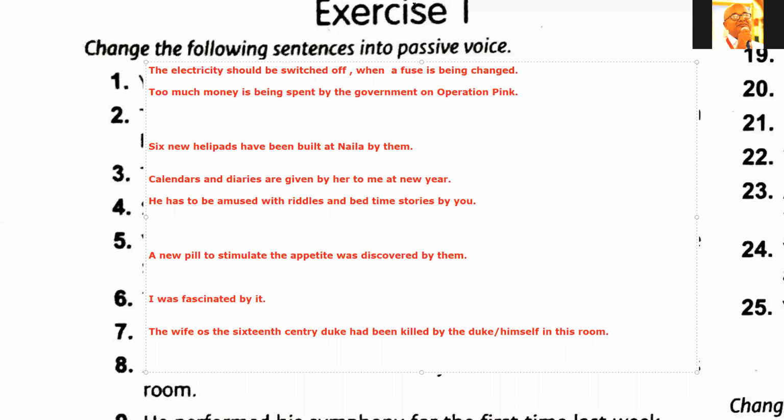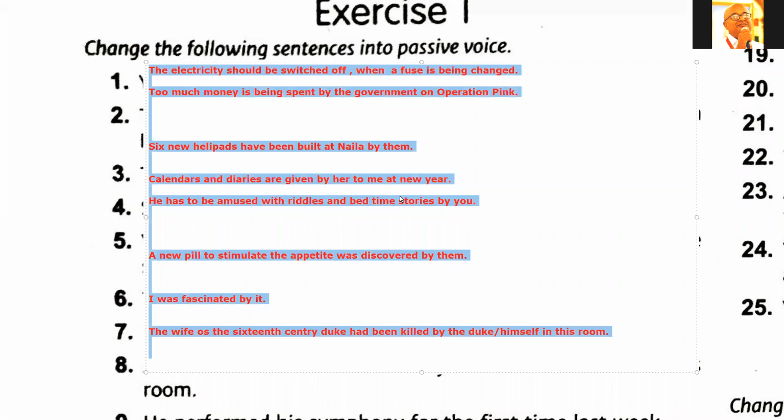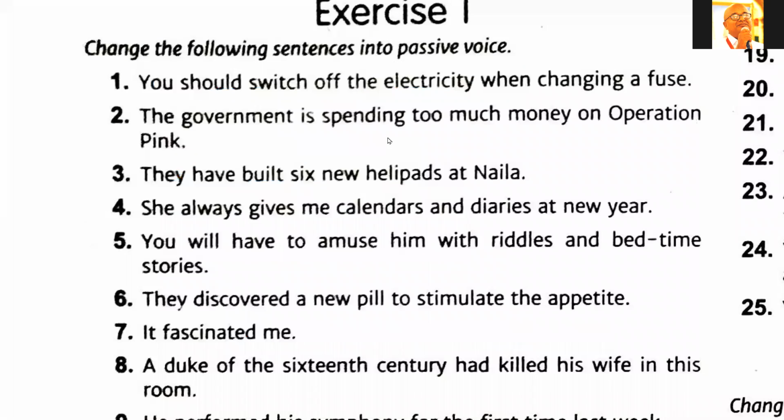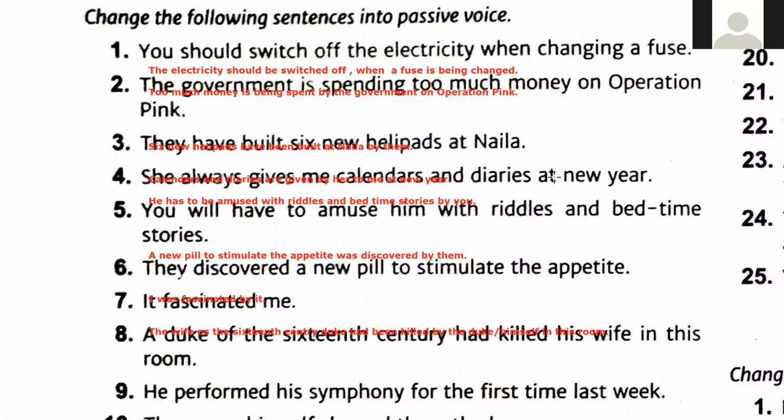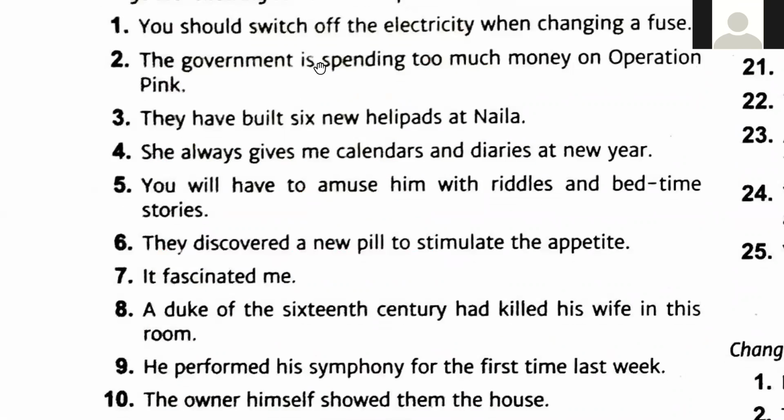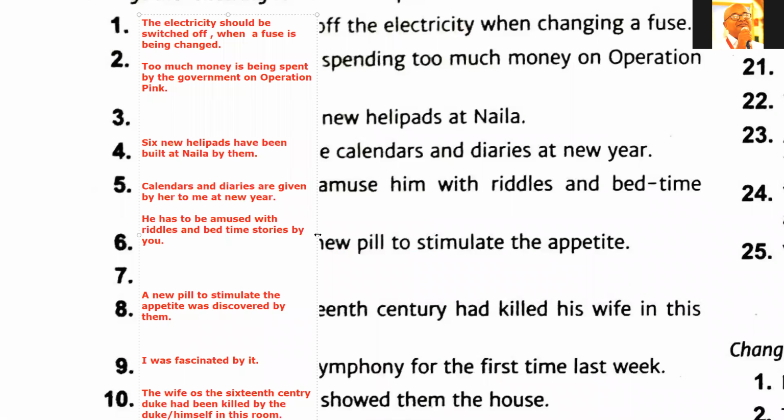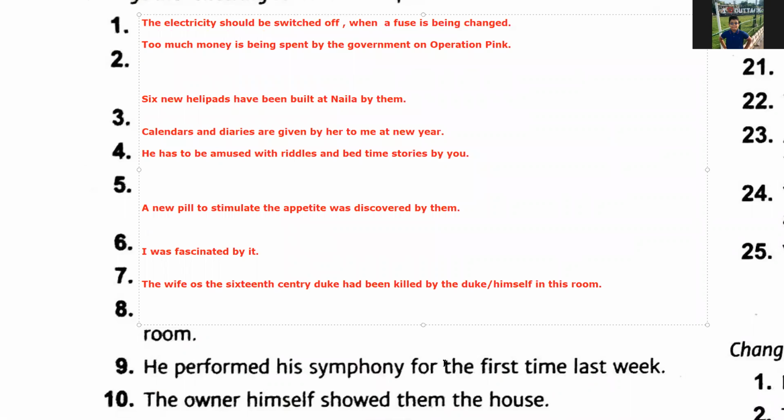Then question number 9. His symphony was performed by him for the first time last week. The question is here: he performed the symphony for the first time last week.